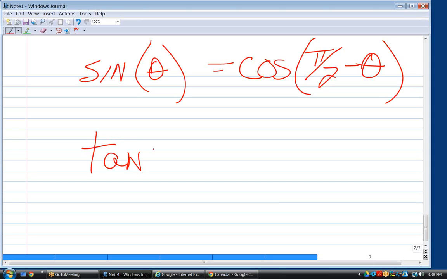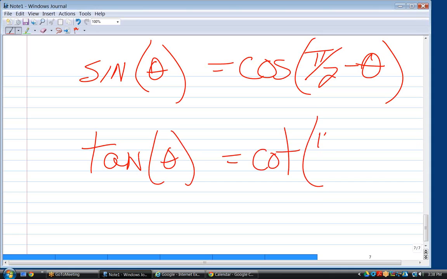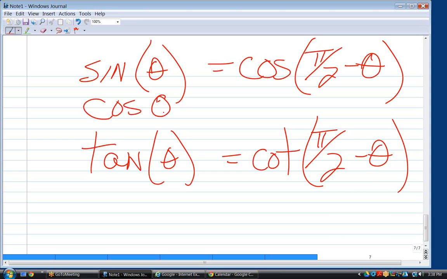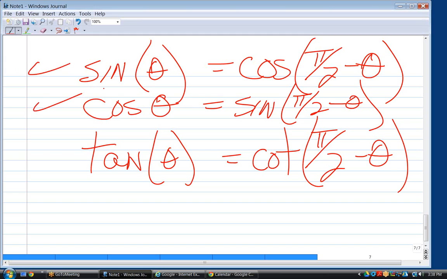In other words, to find a cofunction, just put the word co in front of it. But the cofunction properties are always this, and it works both ways. In other words, cosine of theta is also equal to the sine of pi over 2 minus theta. So these are true, and the same is true with tangent and cotangent and secant and cosecant.